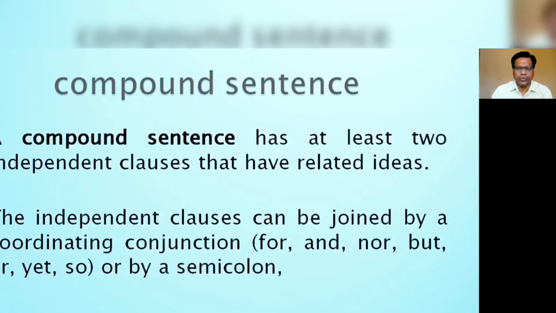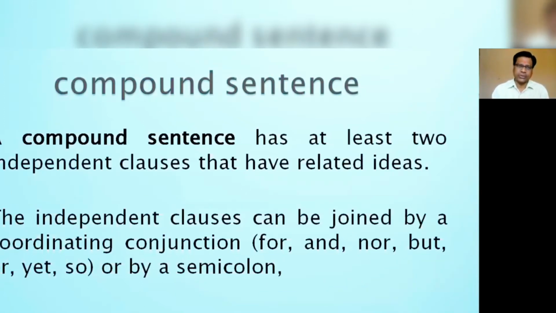It means you will find only one subject and only one predicate. Here you have a compound sentence, and at least two independent clauses are found in such kind of sentences. Right? You have a compound sentence that has at least two independent clauses.